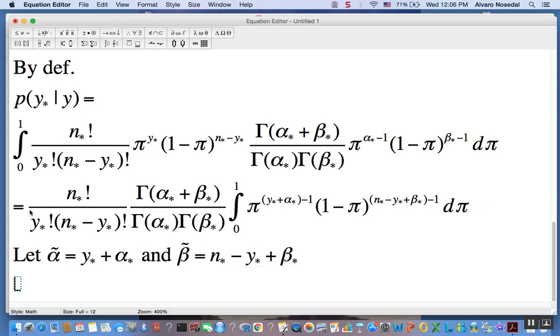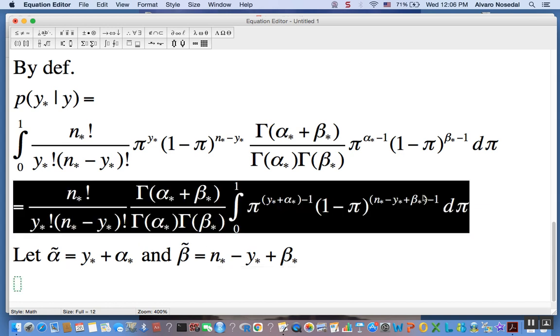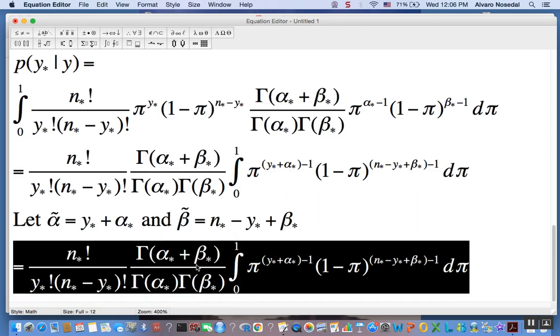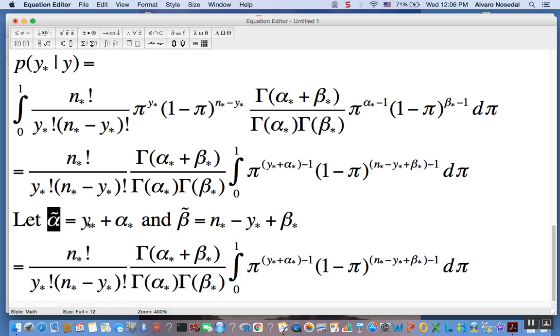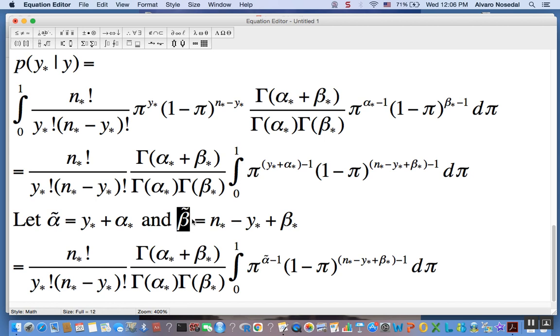So now let me rewrite that. As you can imagine, what we are trying to do here is make it look like the kernel of a beta, and then all we need to do is find the right constant, and then that kind of scary looking integral is just going to be a beautiful one, right? Makes sense?